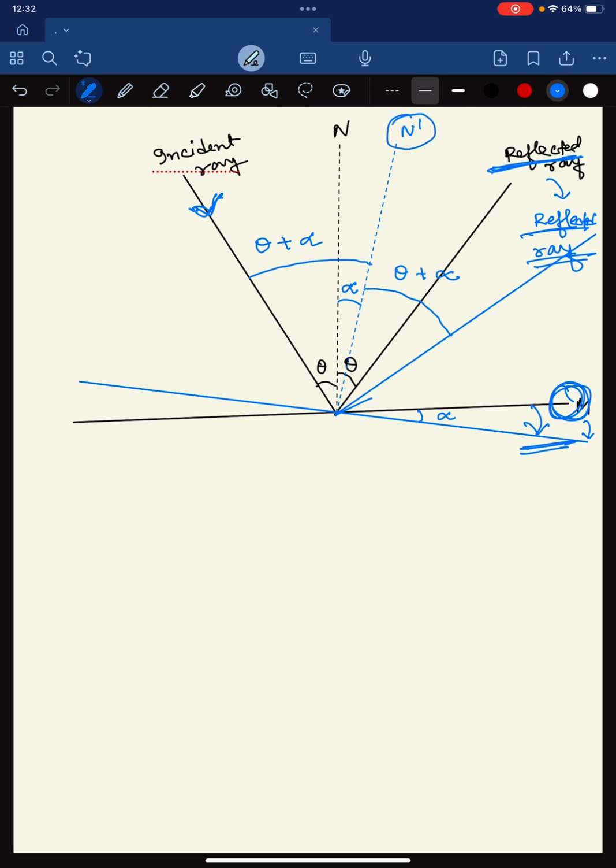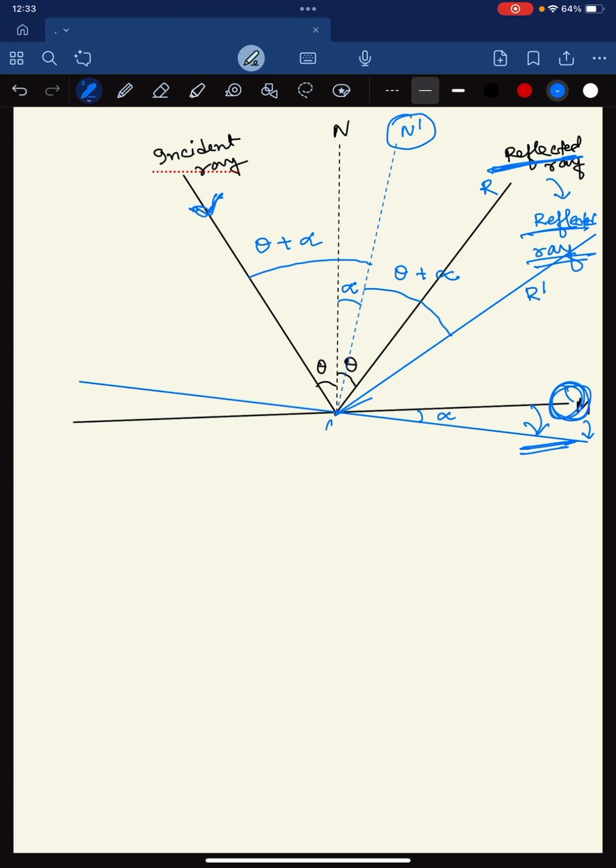You got it? Now we have to see what is the angle between the earlier reflected ray and the new reflected ray, through what angle the reflected ray turns. That is what we have to find. Okay, let me call the previous reflected ray R and the new reflected ray R dash.